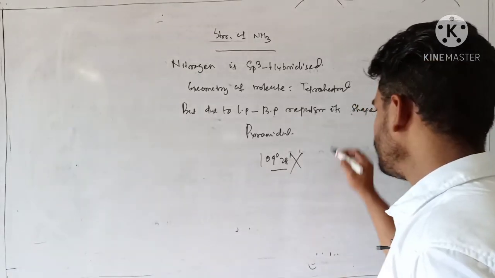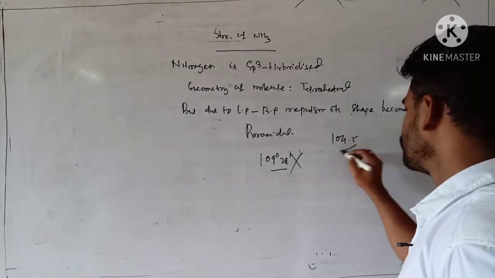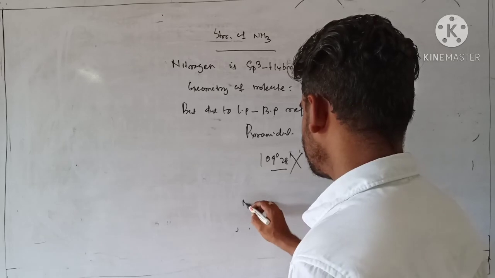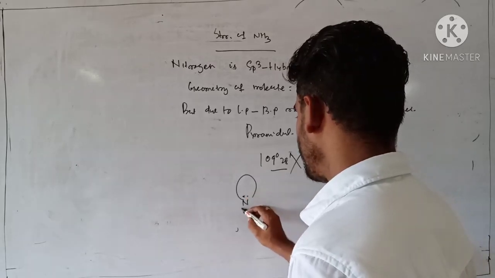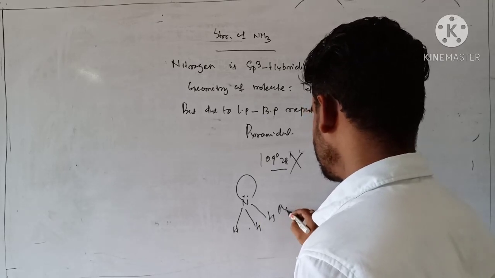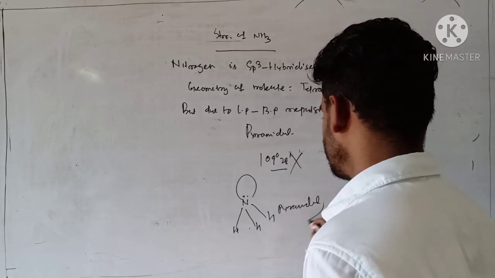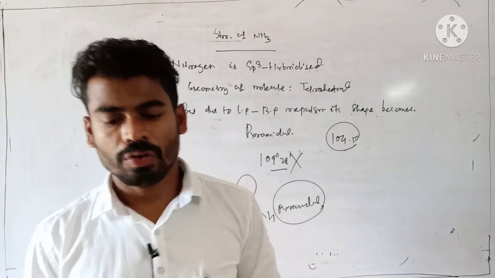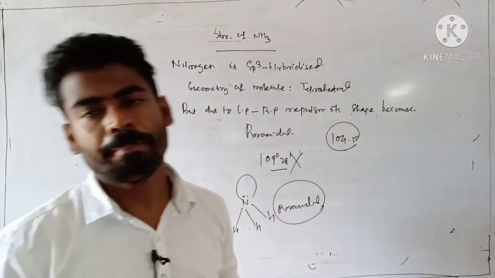In practice it will be 104 point something. So the shape is pyramidal: nitrogen, lone pair, hydrogen. This is pyramidal geometry. Is that clear? So this is all about your group 15 elements. Okay, thank you.